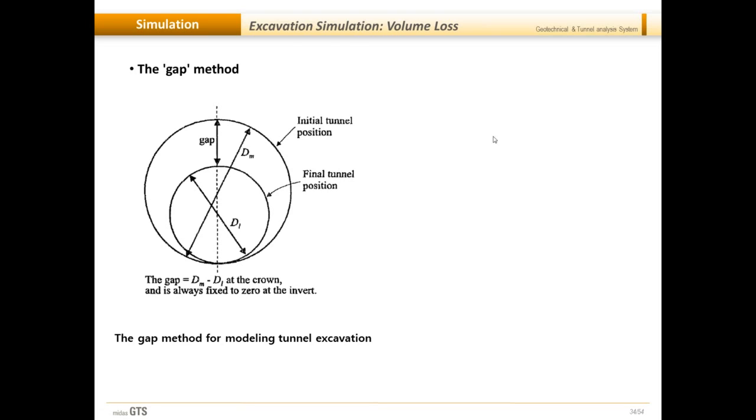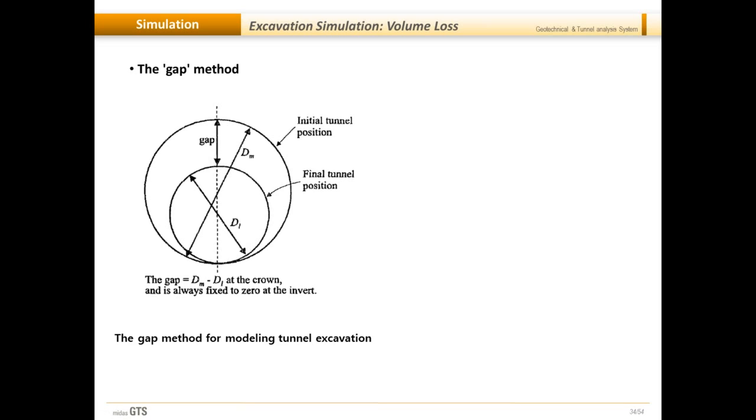In this method, since we know that this is our final position of the tunnel and there will definitely be a volume loss or ground loss, we have to dig our tunnel bigger than the actual diameter required, and this difference is called the gap parameter.